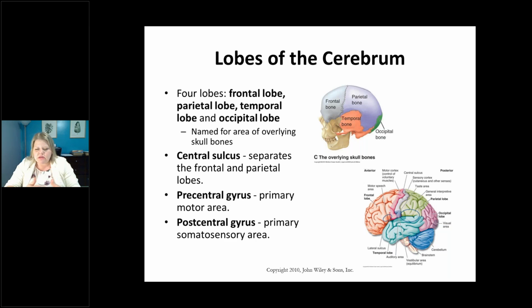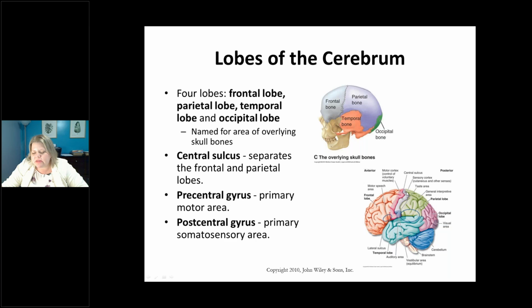Alrighty, so it's important because it's the center, and on the posterior side you have a gyrus, a fold, and on the anterior side you also have a gyrus. The central sulcus is separating the frontal lobe from the parietal lobe.